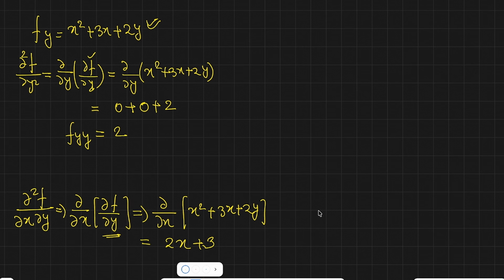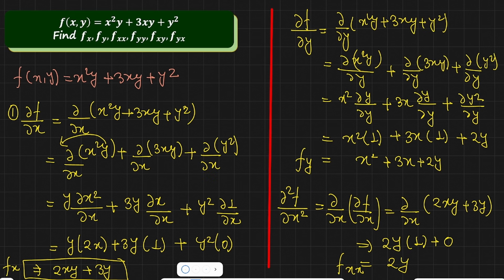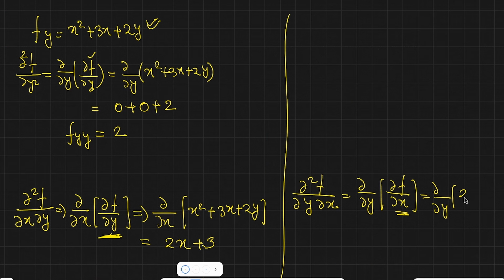Okay, on the other hand, if I want to calculate the partial derivative first with respect to x, then with respect to y, it means partial derivative with respect to y of partial derivative with respect to x. See the difference, here I am writing y, here I am writing x. Then what is the partial derivative with respect to x that we have calculated earlier? It is 2xy plus 3y.